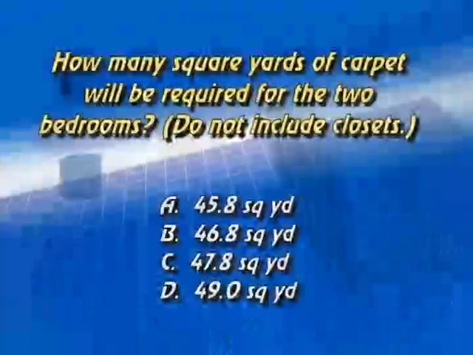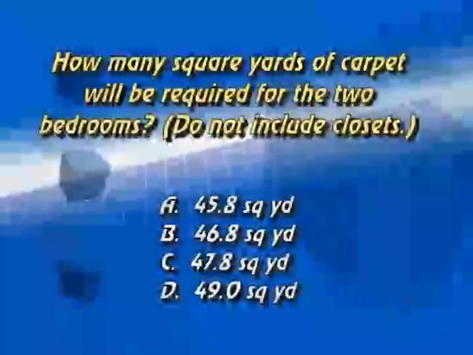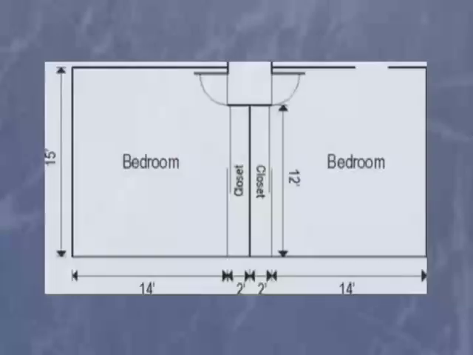Number 2, how many square yards of carpet will be required for the 2 bedrooms? Do not include the closets. Looking at our plan, we can see that the bedroom to the left of the page is 15 by 14. If we look at the other bedroom, we can see that it also has a 14 dimension.